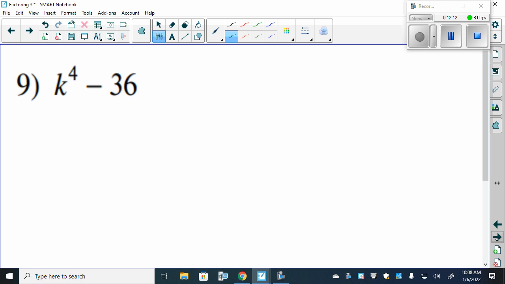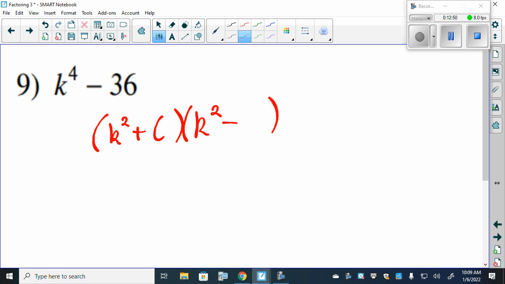And I have a feeling I did put one on here. So not this one, but the next one will fall into that category. And if they throw that on the ACT, factor it completely, because it has another difference of perfect squares, we would have to factor it again. It's not factored completely. But let's look at this one here. k to the fourth minus 36. k squared plus almost k squared minus, that is 6 squared.